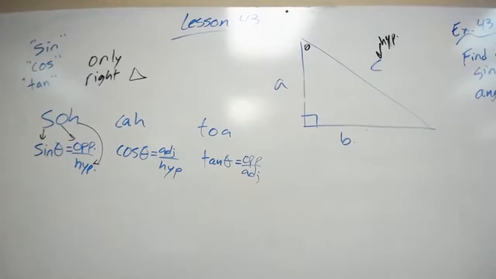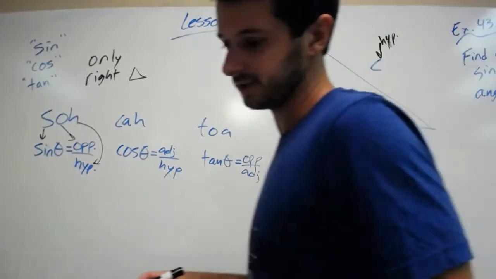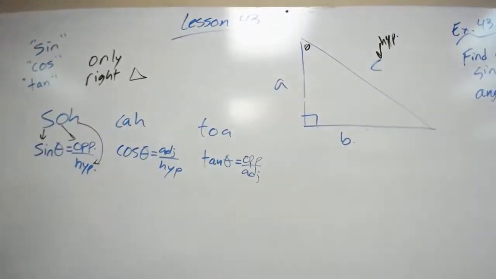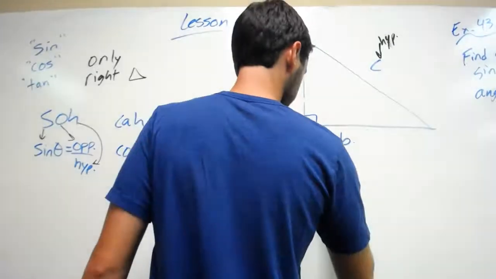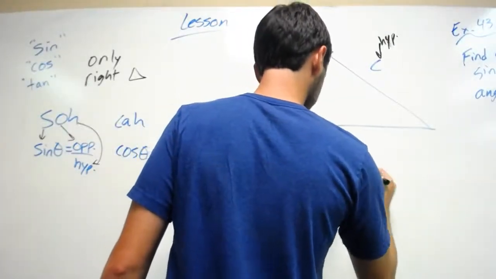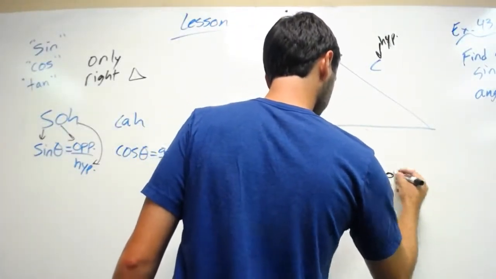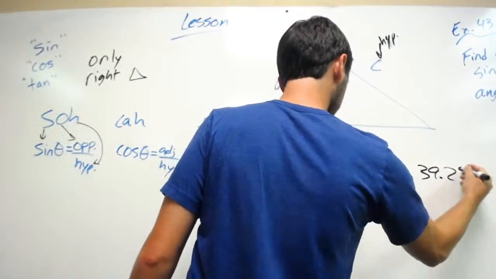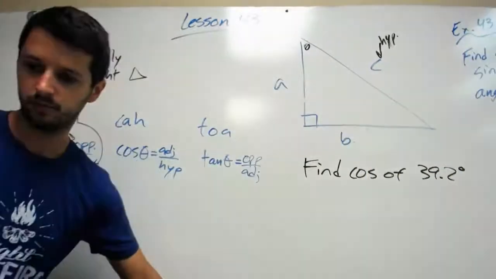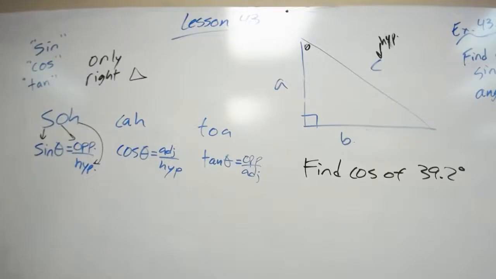Let's see what the book says. It says find cosine of 39.2 degrees, and use your calculator for that. You have to have a calculator for these.